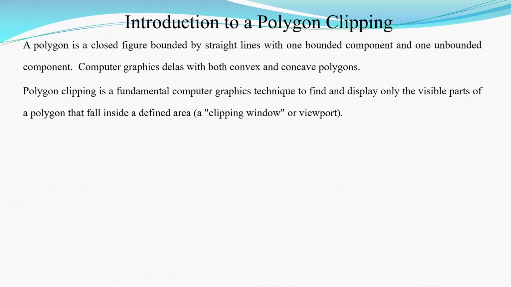In the last video we saw the line clipping algorithm. Clipping is nothing but removing or cutting a given line into parts. Depending on how much window is given, that much of the line will be visible.